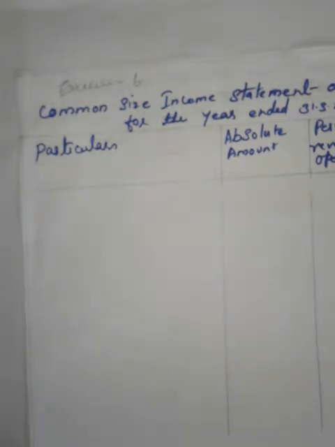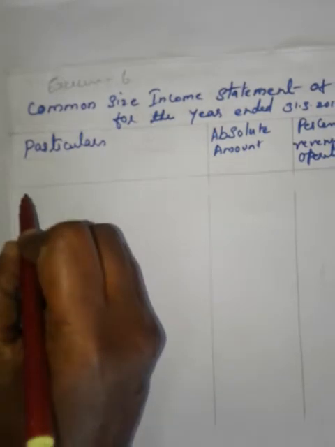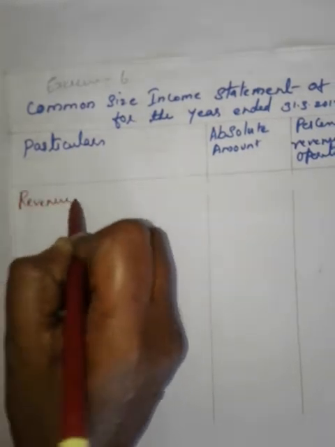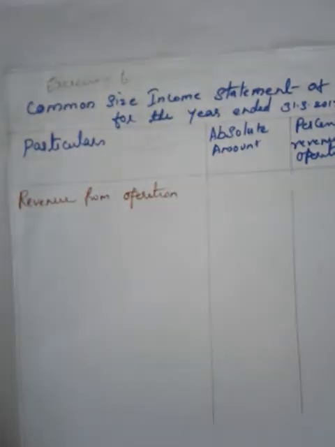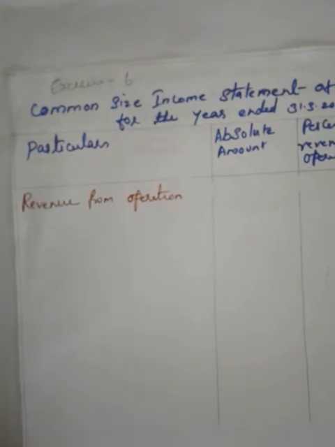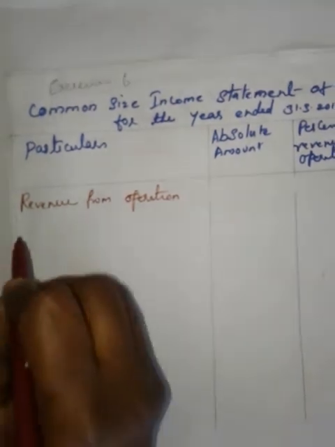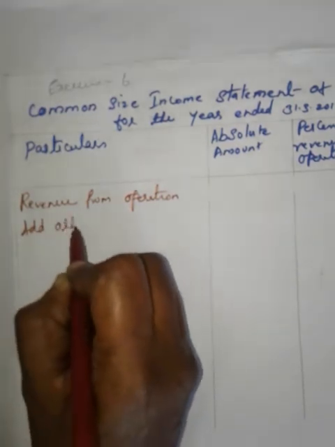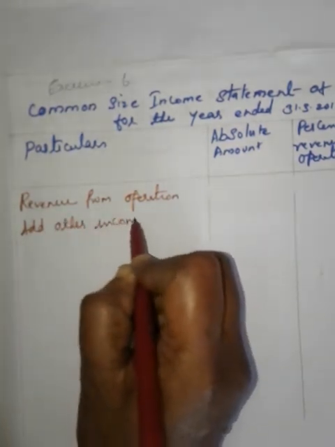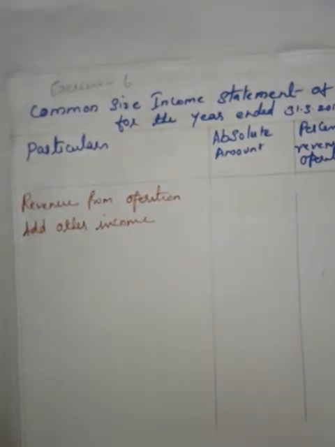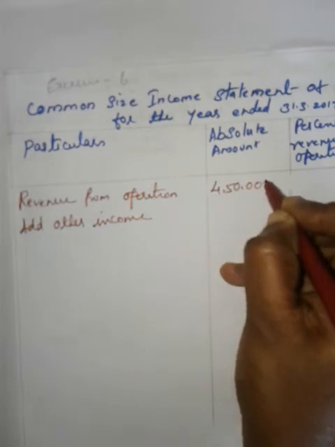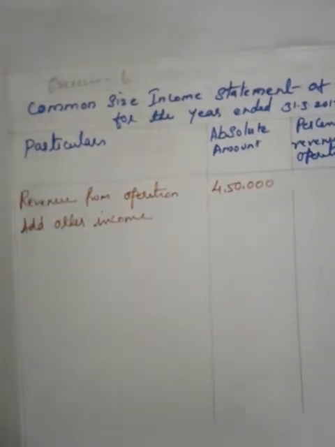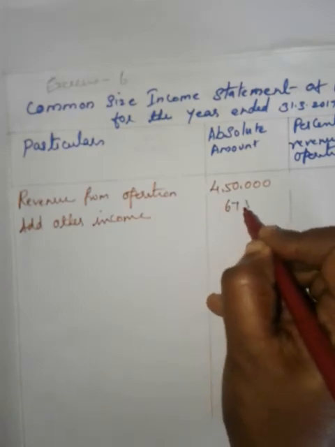Next we have to write other income, so we have to add other income. Revenue from operation for the first year, that is absolute amount, is 4,50,000, so I am writing 4,50,000, and other income is 67,500.